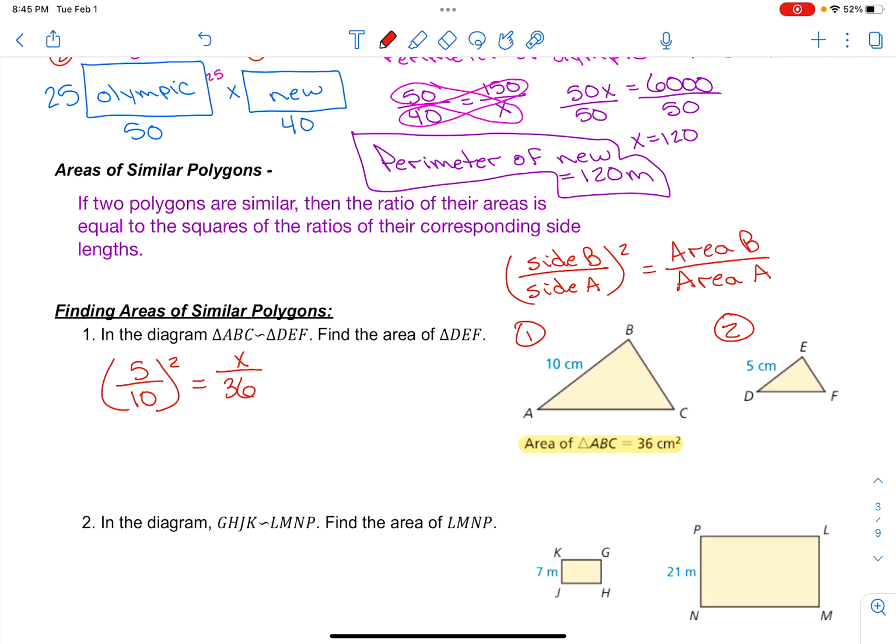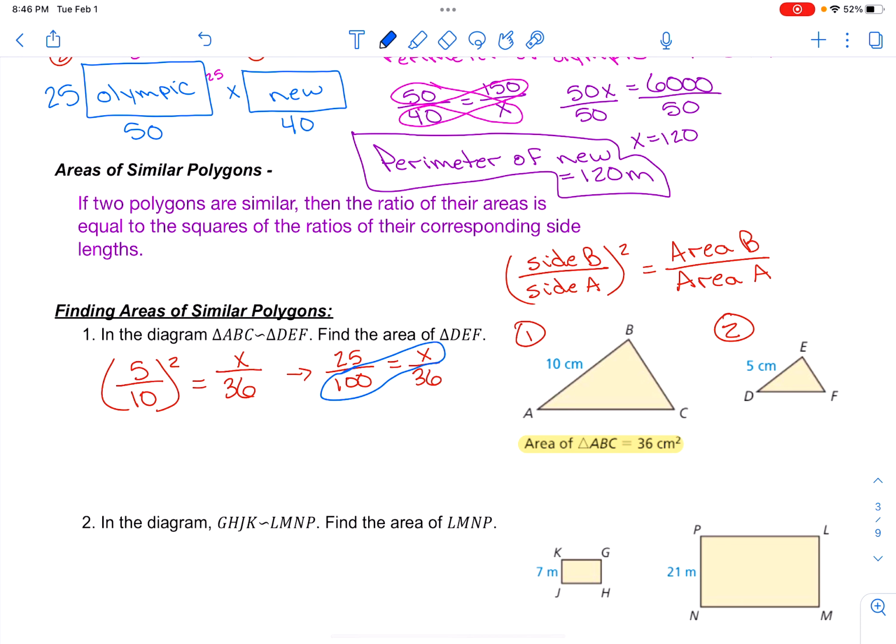So we have 5/10 squared. So that means you just do 5 times 5 up top, and then 10 times 10 on the bottom. So that gives us 25 over 100. Again, you can simplify that ratio, or you can just leave it alone. So we get 25 over 100 equals x over 36.